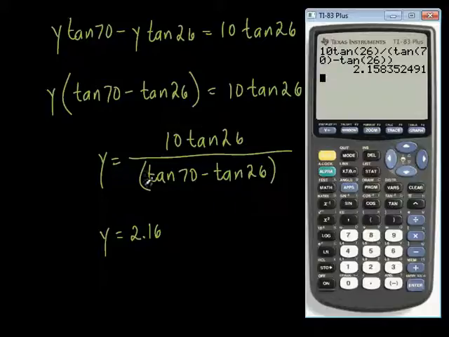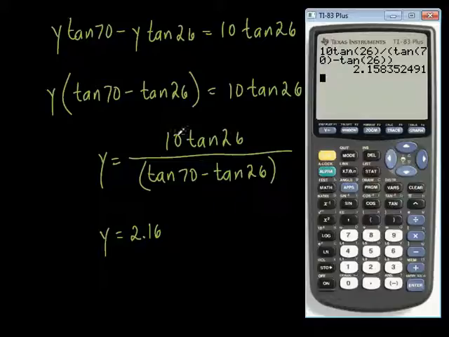Now, if you have a TI-30XA, you kind of do the same thing. The parentheses button is very, very important. Okay, so watch. If you have a 30XA, I would hit 10 times 26 tangent, but then you got to hit equals.